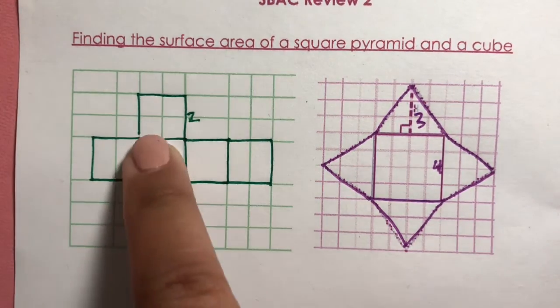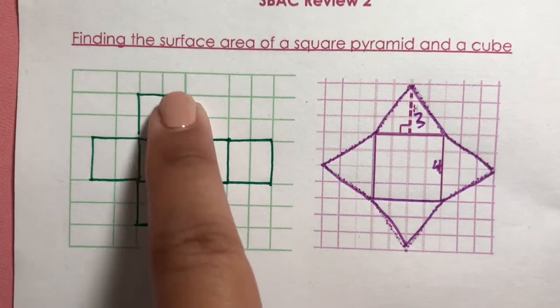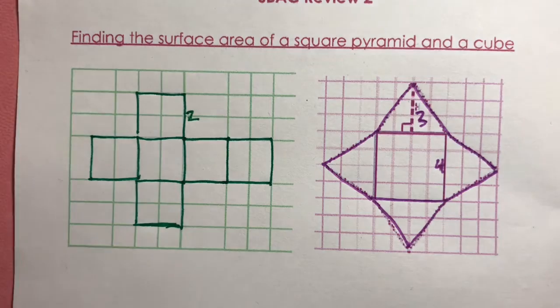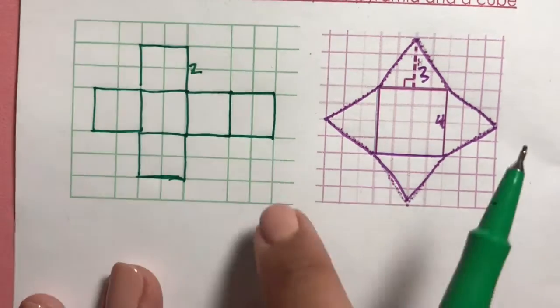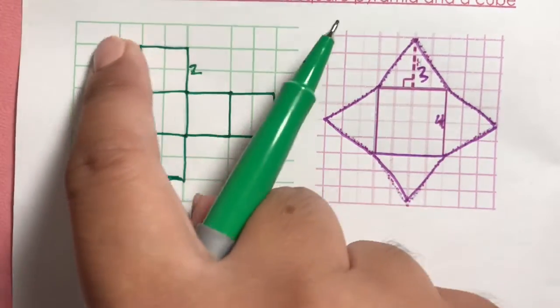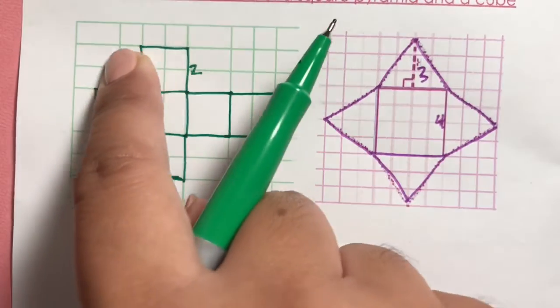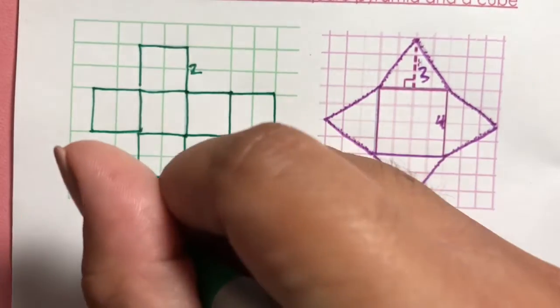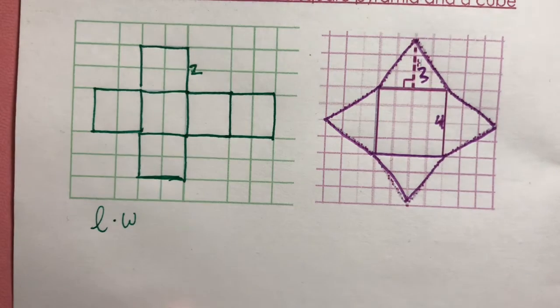If you look at this net, if you put all these squares together, it would make a 3D object, it would make a cube. To find the area of a square, you just need to multiply length times width, okay?